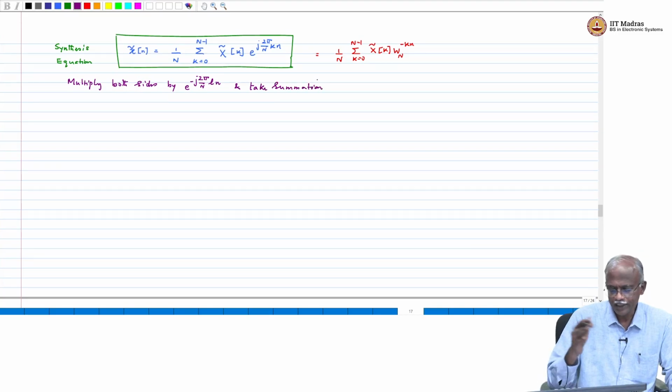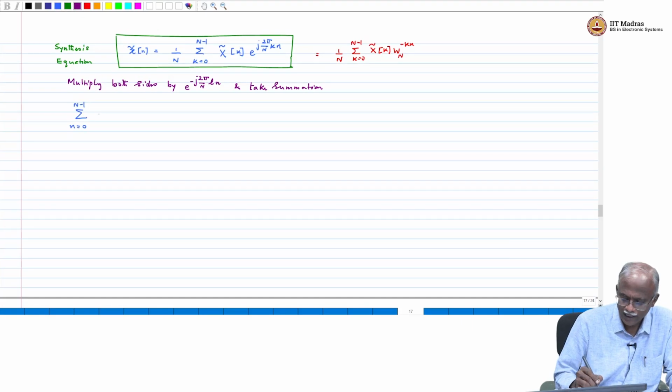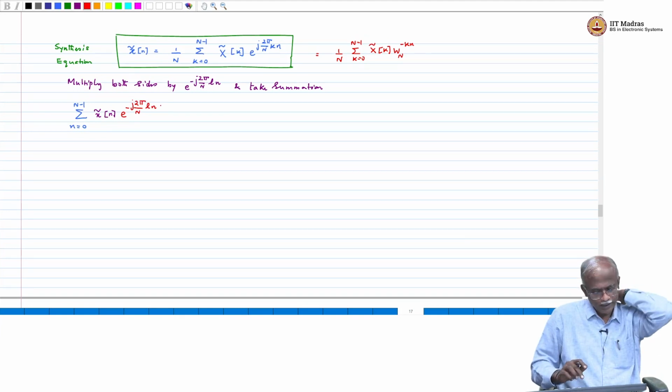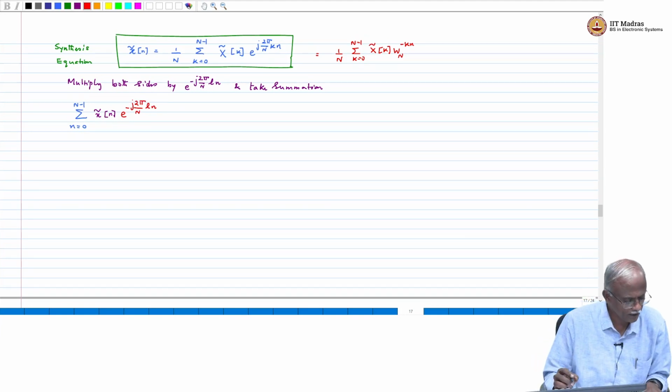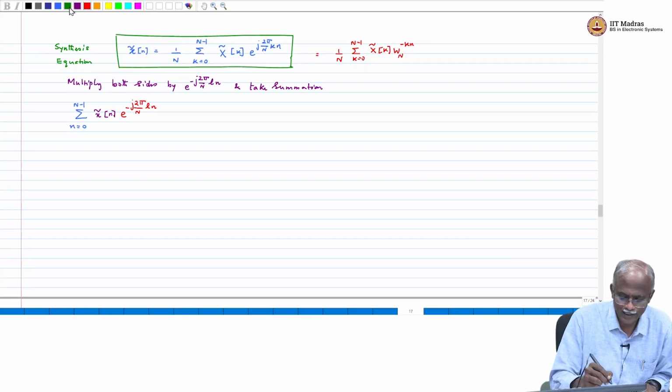It's like correlation, but basically we are doing a similar operation. So what we are saying is, take a summation n equal to 0 through N minus 1 x tilde of n, that's the sequence, that's the left hand side. I multiply it by e power minus j 2 pi by N ln. You have to do the same operation on the right hand side also.